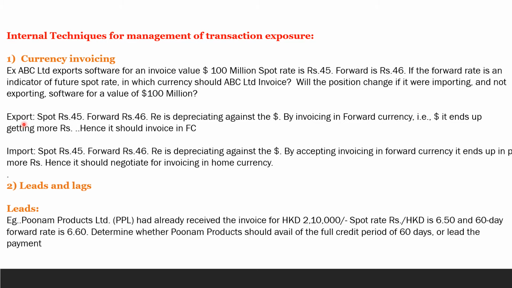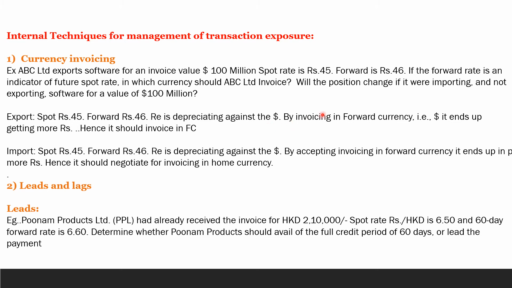So let's see, under export, the spot rate, today's rate, is 45 and the forward rate will be 46. So here you can see the depreciation in the rupee value against the US dollar.